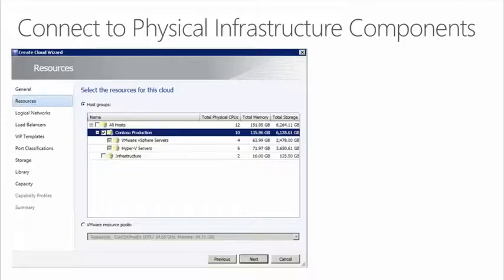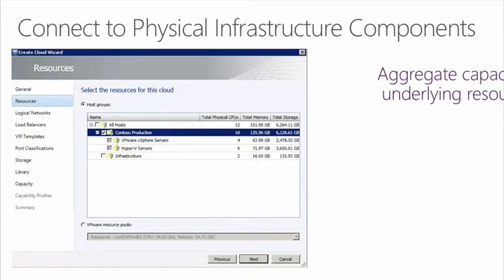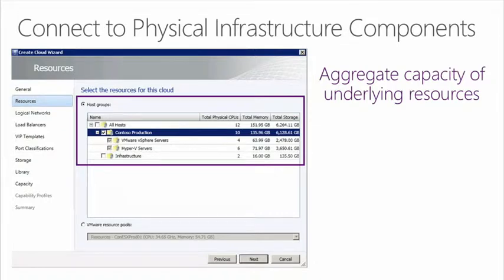The next thing clouds allow me to do is connect to the underlying physical resources. So when I create a new cloud, I'm going to be determining which host groups, or if I'm using VMware, which resource pools I want to connect to. And I can choose, do I connect to a bunch of different host groups, or do I just pick individual ones?